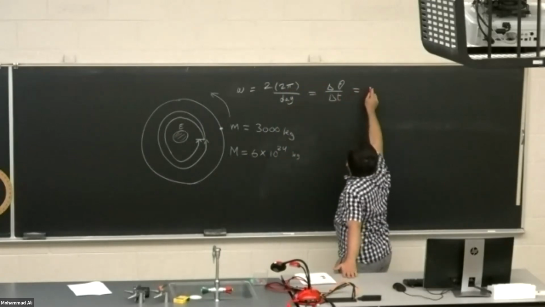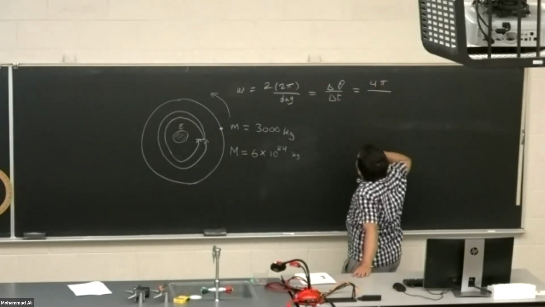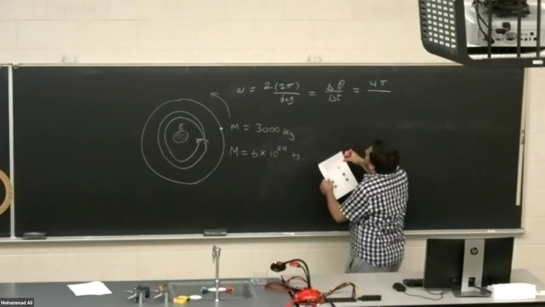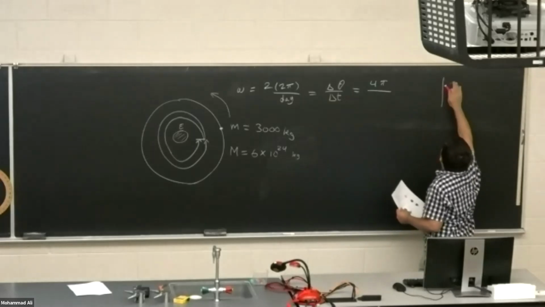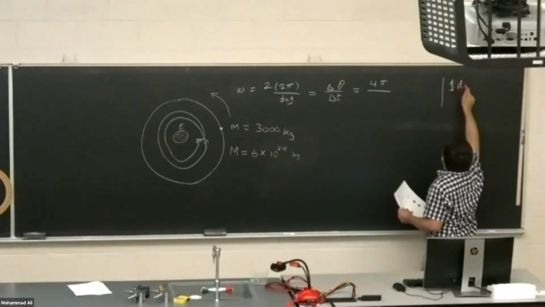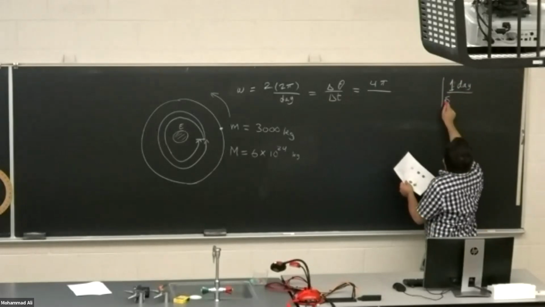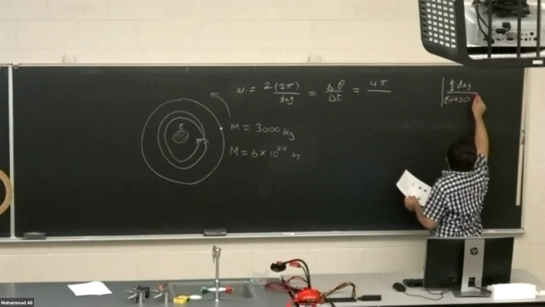So it is equal to 4 pi over, if I need to convert the day to seconds, I have 1 day over 86,400 seconds.